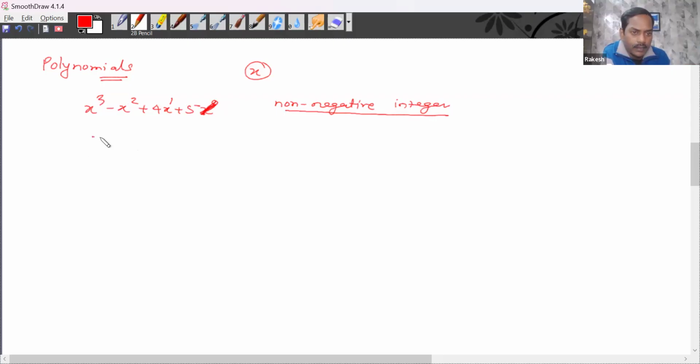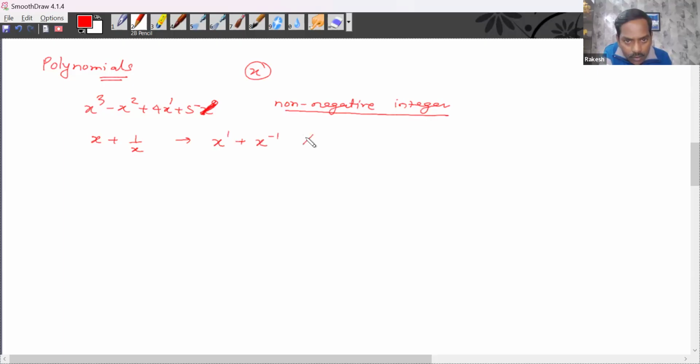Now, if I take another polynomial, which is x plus 1 by x, or another algebraic expression, I would say, we have to test whether this is a polynomial or not. If you write them in powers of x, then this is nothing but x to the power 1 plus, 1 by x can be written as x to the power minus 1.